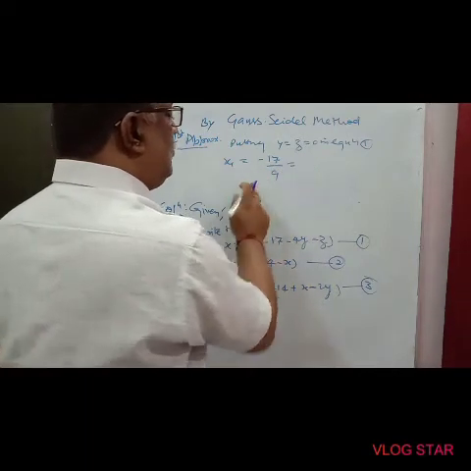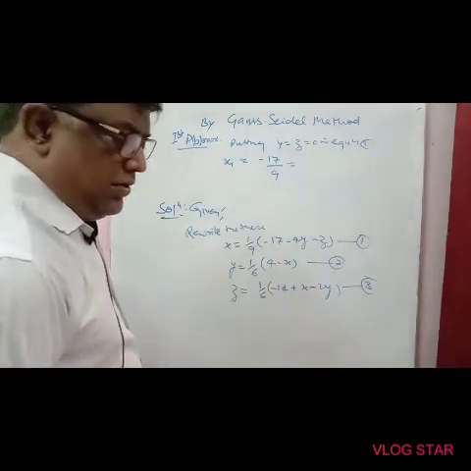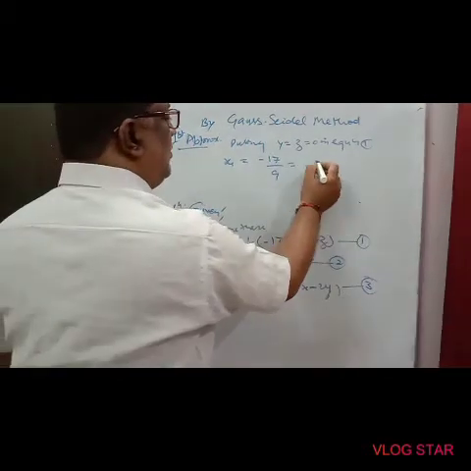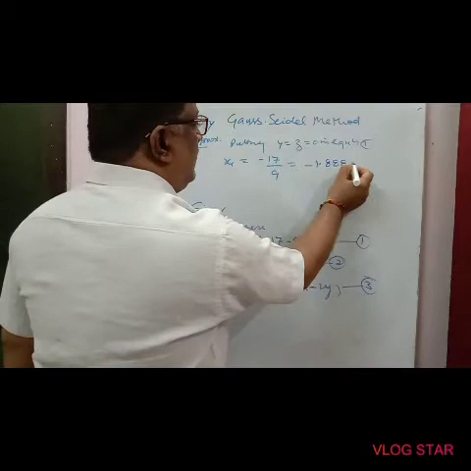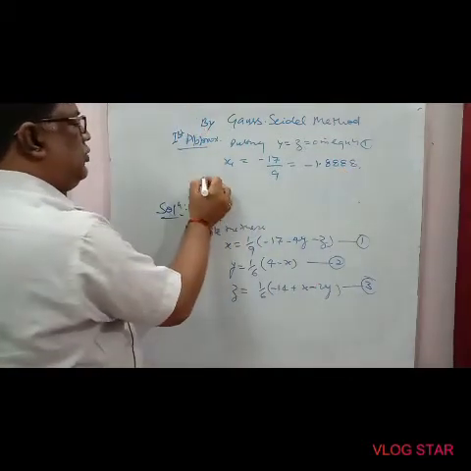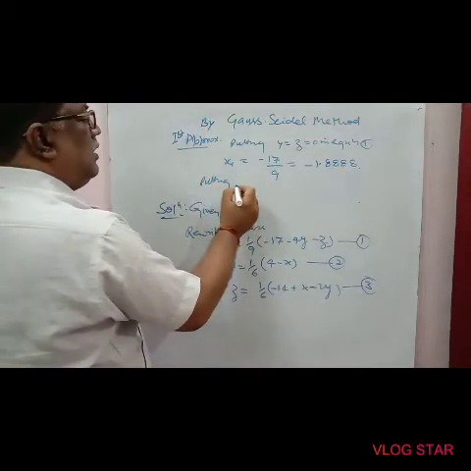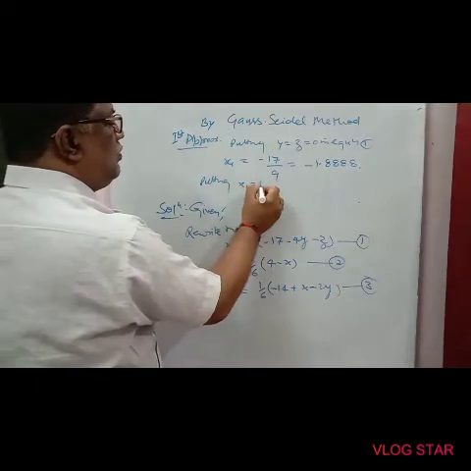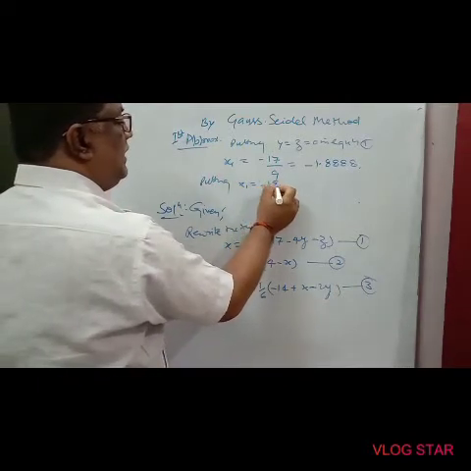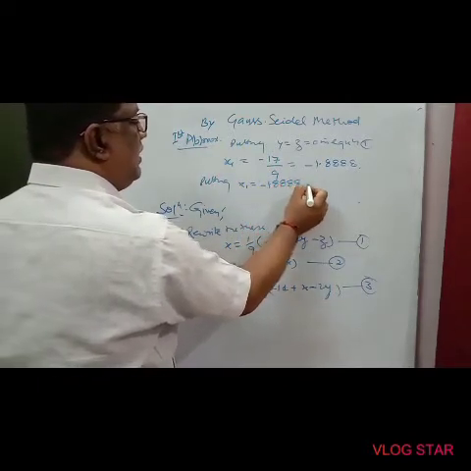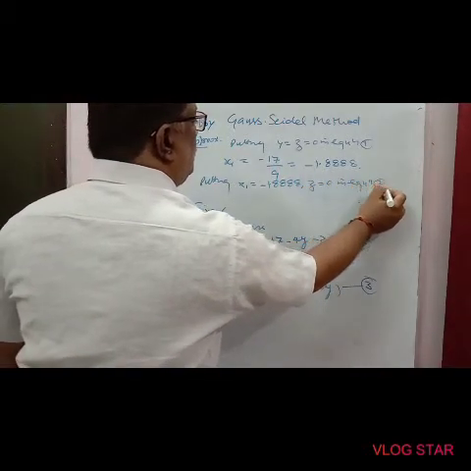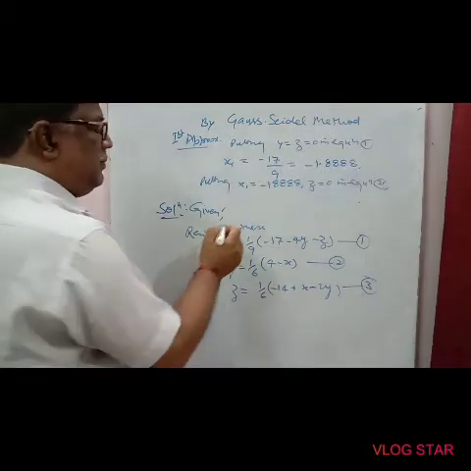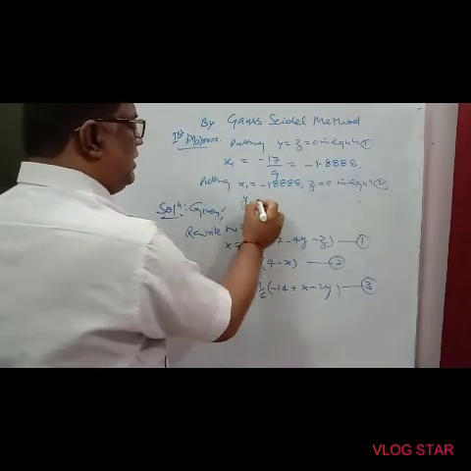By using the calculator, we find this value is equal to minus 1.8888. Putting x1 equal to minus 1.8888 and z equal to 0 in equation 2, then find the first approximation of y1.